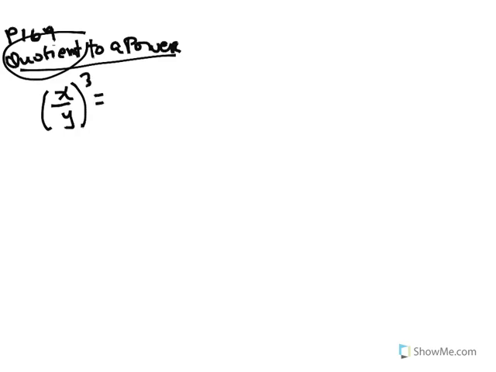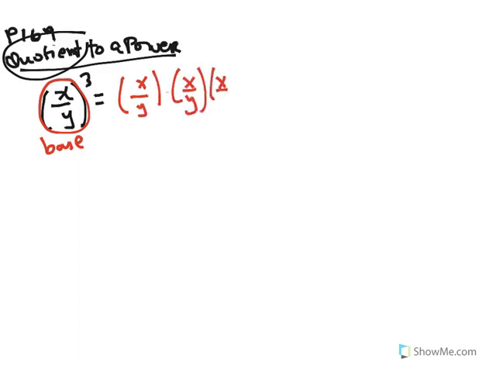And of course, if I do this the old-fashioned way, I know that this expression right here is my base, right? So this would be x divided by y times x divided by y times x divided by y. And of course, how many times? As many times as I have the exponent. So this would be 3 times.